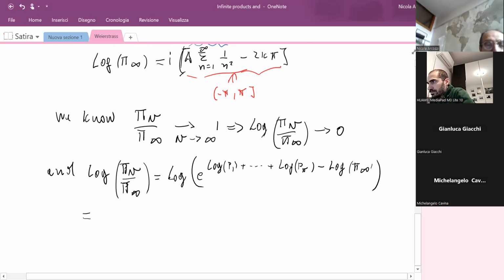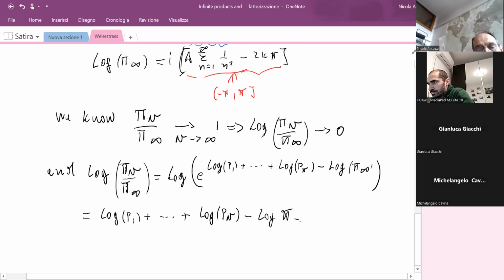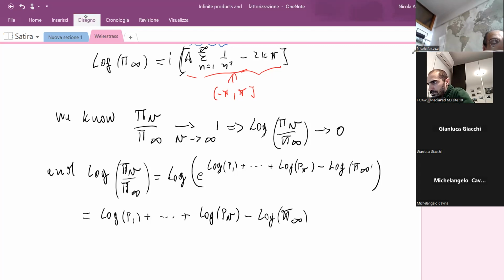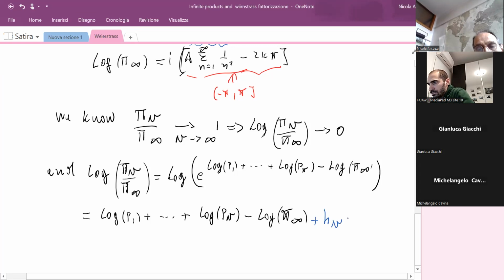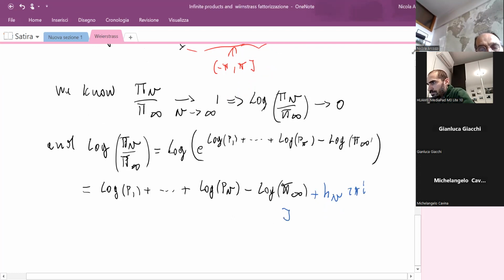Okay, so it means that there must be some multiple of 2 pi i, with h_n some integer number. Okay.